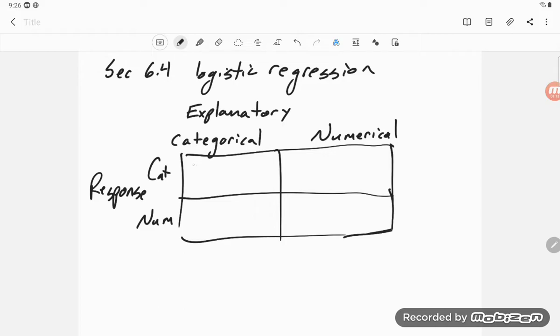we started off in chapter 3 with this, and we used the chi-square test of independence. Then we moved to a categorical explanatory variable and a numerical response variable. That was chapter 4, and we used the ANOVA.